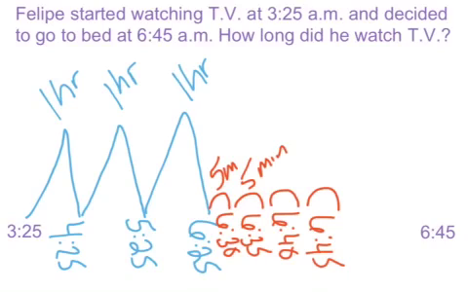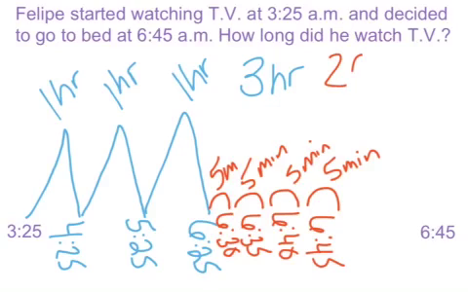And then another 5 minutes. And then finally from 6:40 to 6:45 would be another 5 minutes. That would be my ending time. So for my hours, I have 1 hour, 2 hours, 3 hours. And for my minutes, I have 5, 10, 15, 20 minutes. So 3 hours and 20 minutes.